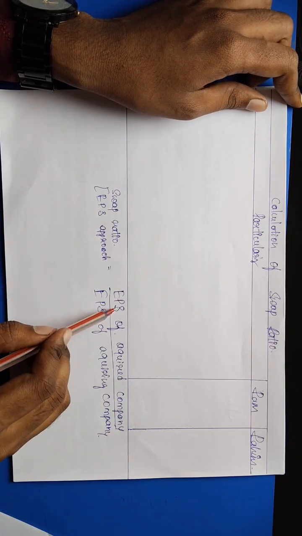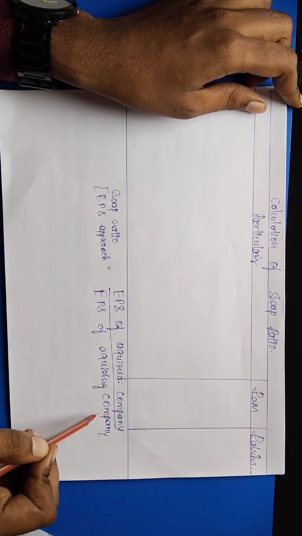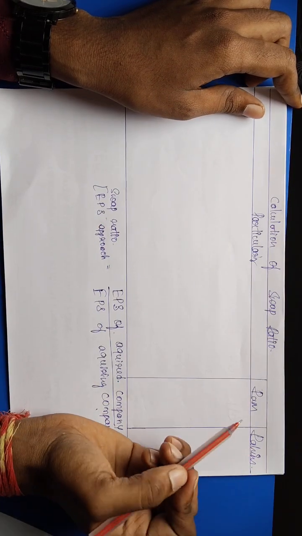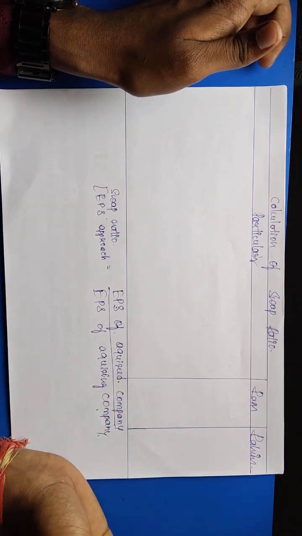So if we divide the earning per share of the acquired company by the earning per share of the acquiring company, we will get the swap ratio. Afterwards we will calculate how many shares Ram is actually offering to Rahim.